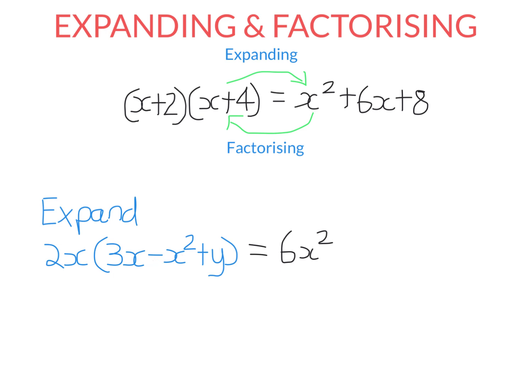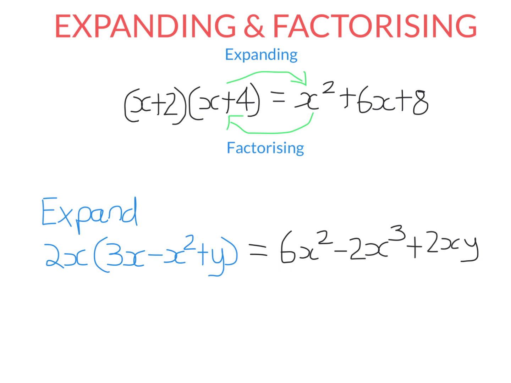Well, you know from our index laws topic that x times x squared gives you x cubed, and we also have 2 times negative 1 gives negative 2. So this is negative 2x cubed, and then we distribute the 2x to the y. 2x times positive y is just 2xy, and we're done.